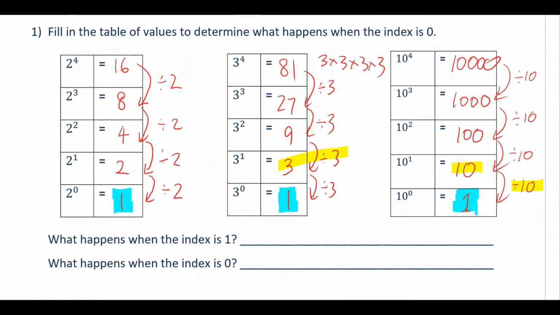What happens when the index is 1? So let's have a look at all the indices that have 1. You can see that it just returns the base. So you can write it is just the value of the base.